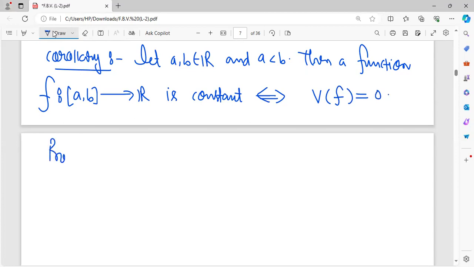Okay. Proof. If f from [a, b] to R is constant, then total variation is 0. If total variation is 0, then function is constant. So how?